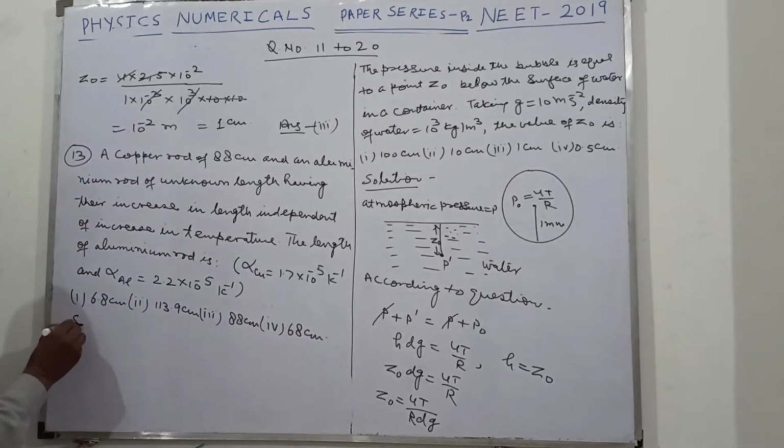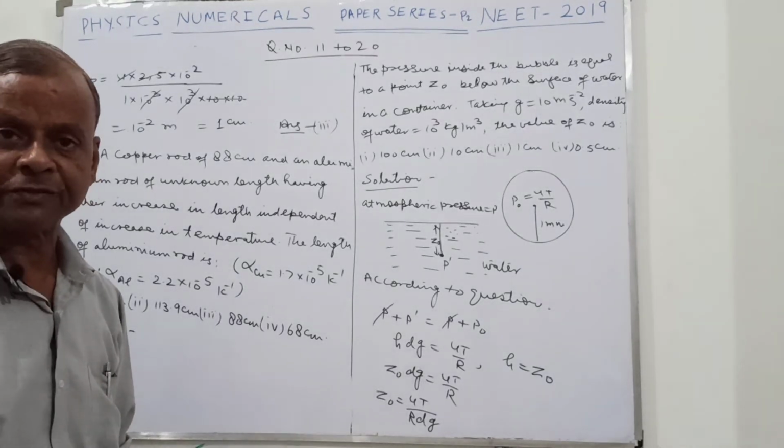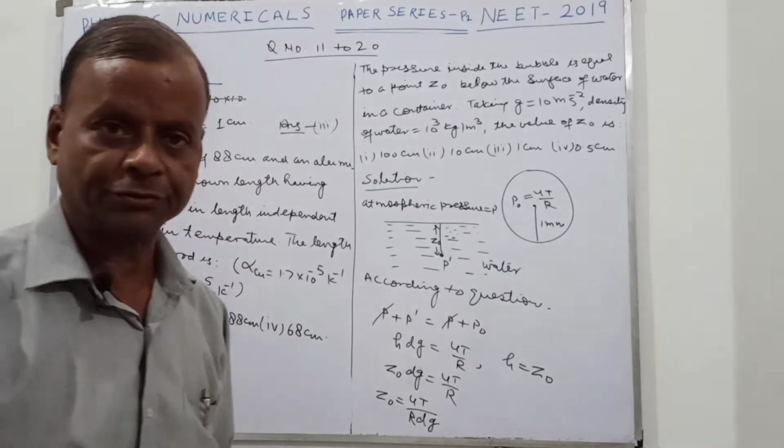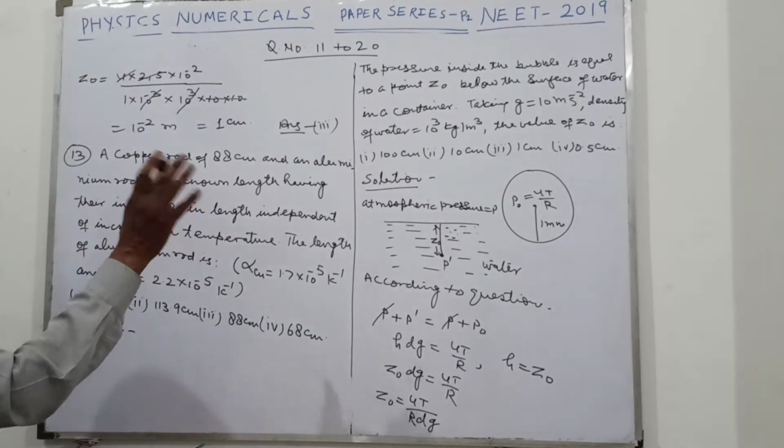Now the solution to this question. What is given is that the increase in length is independent of increase of temperature, and we know that whenever the temperature of the conducting rod increases, its length increases, no doubt. But what is given in the question is that we have to solve it like this.